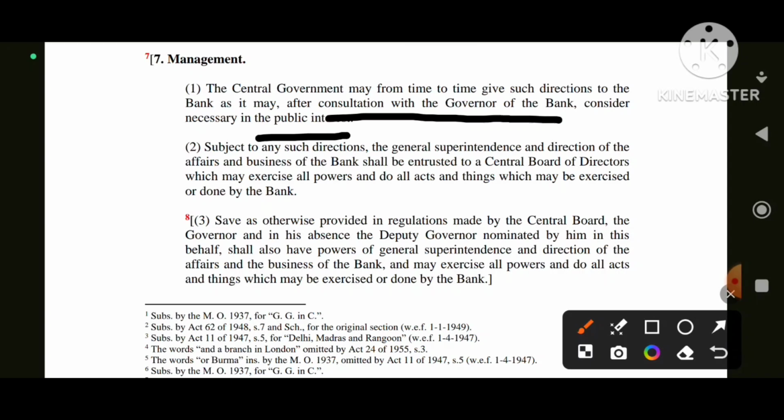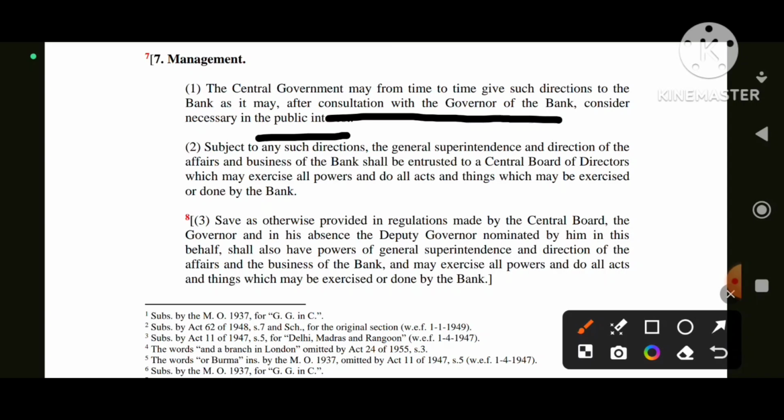So this subsection emphasizes the role of central board of directors as the primary body responsible for overseeing and directing the RBI's affairs and business. That is, the overall supervision and control of the RBI's affairs and business are entrusted to central board of directors. This board has the power to exercise all the functions of the RBI subject to any directions issued by the central government.